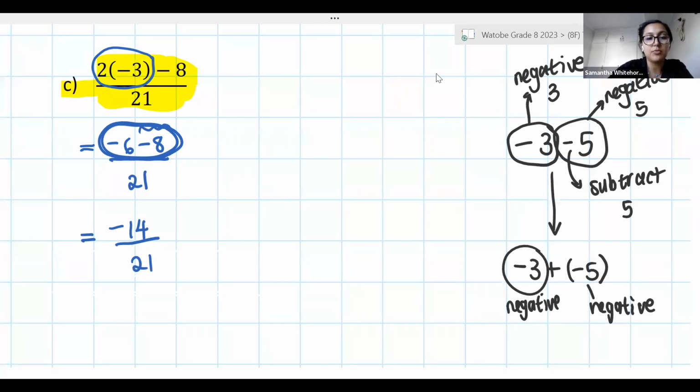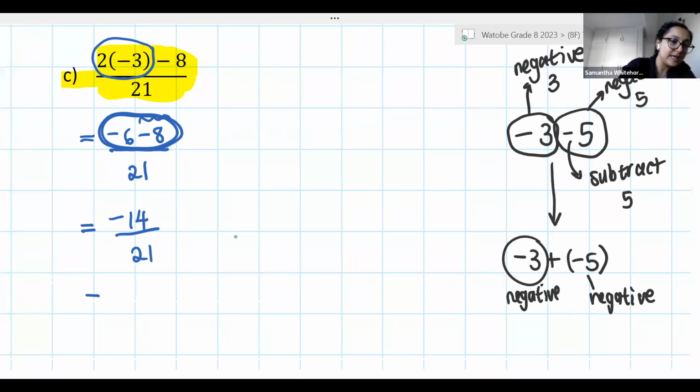So I simplify that numerator for myself, and then I say a negative divided by a positive is a negative. And what is 14 divided by 21? This is where, when we spoke about highest common factors, we need to think, what number can divide into both of those? Well, 7 can divide into 14 twice, and 7 can divide into 21 3 times.